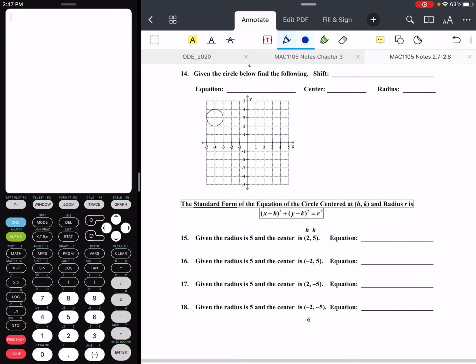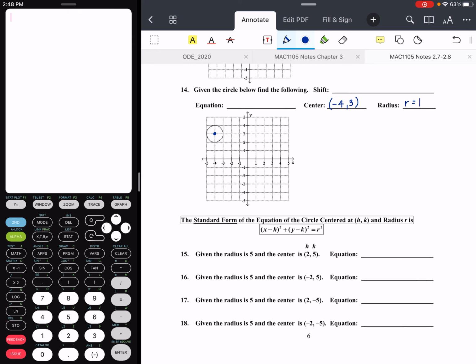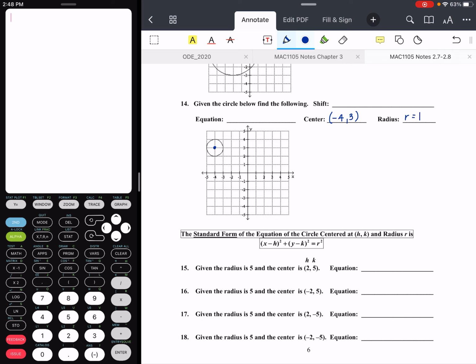Number 14, given the circle below, find the following. So again, I personally like to start with the center. You can begin wherever you want though. So visually I can see the center is at (−4, 3) with a radius of 1. The shift to get to this new center, I would go to the left 4 and then up 3.